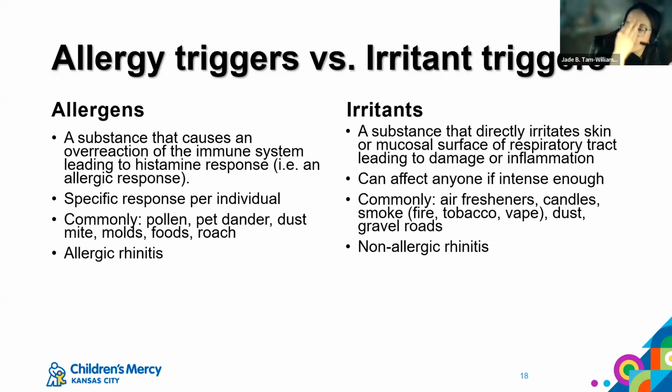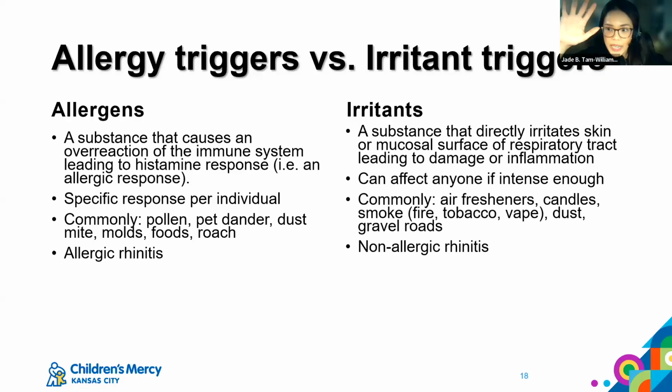And if you have it in your nose, it's allergic rhinitis. Whereas an irritant is a substance that directly irritates the skin or the mucosa of the respiratory tract by damaging it or by inflaming it. And the difference between irritant and allergen is that an irritant can affect anyone if intense enough. So, as an example, a little bit of smoke will bother an asthmatic.